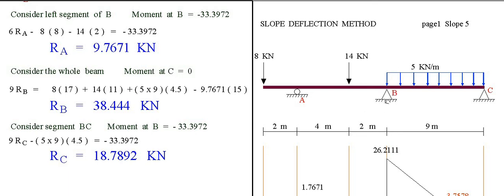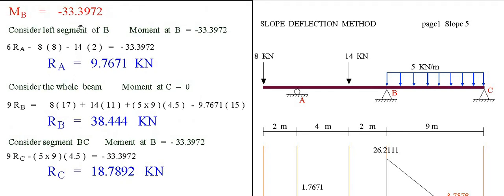Again, the moment at B here is negative. Here in this figure it is clockwise. Moment at B is minus 33.3972. Okay, we sum up all the moment of these forces.